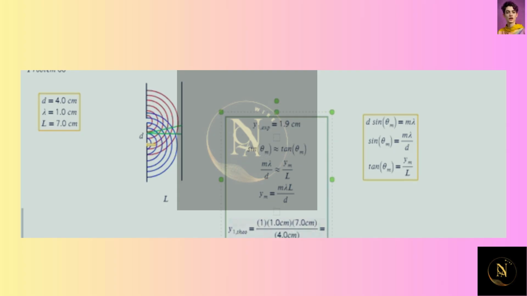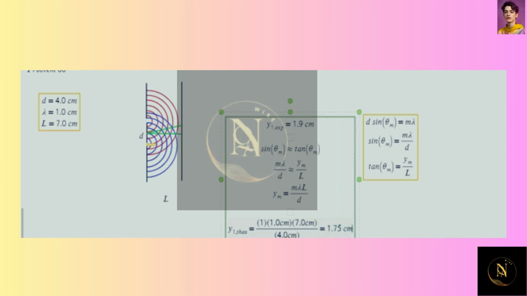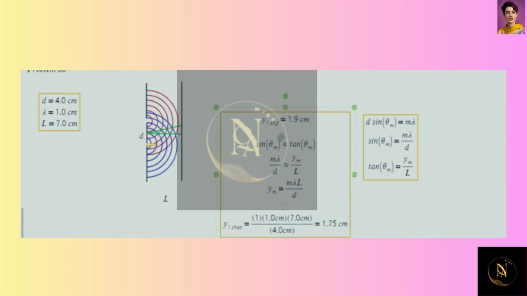Let's see what we get. 7 divided by 4, we get approximately 1.75 centimeters. So this is going to be our theoretical estimation.